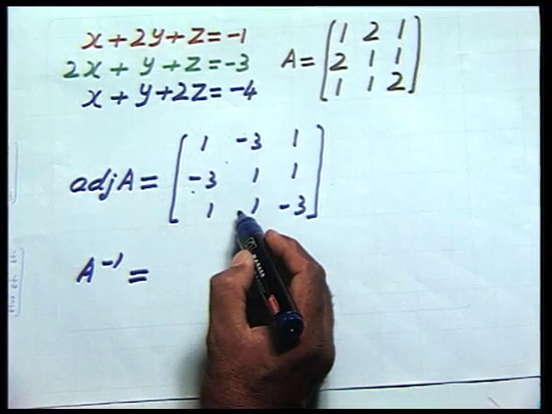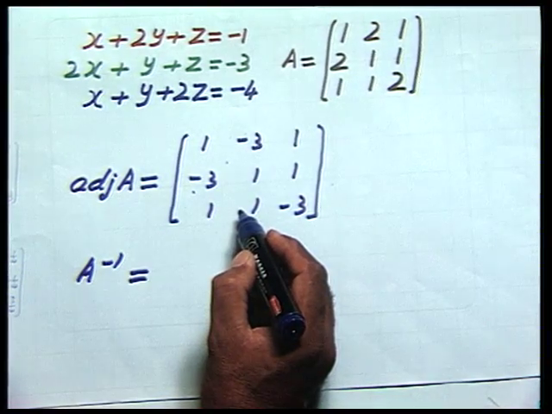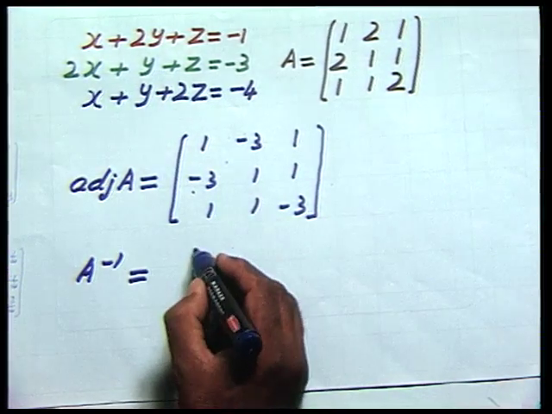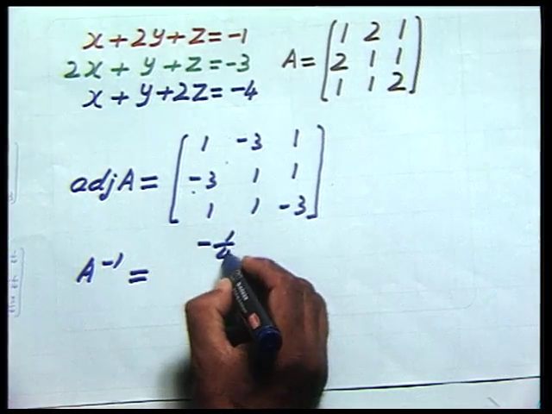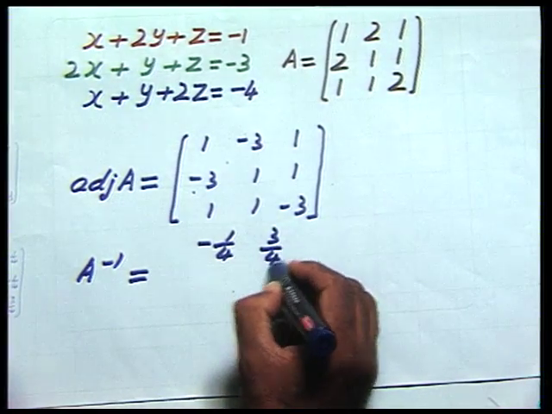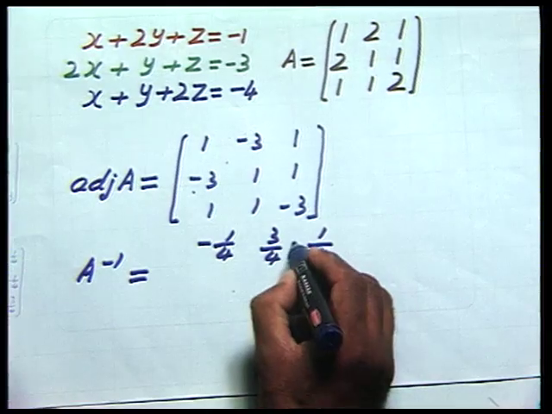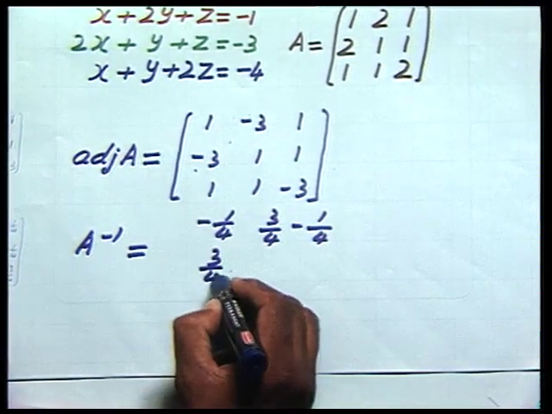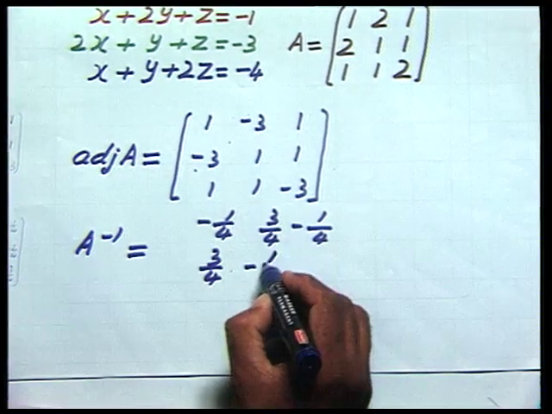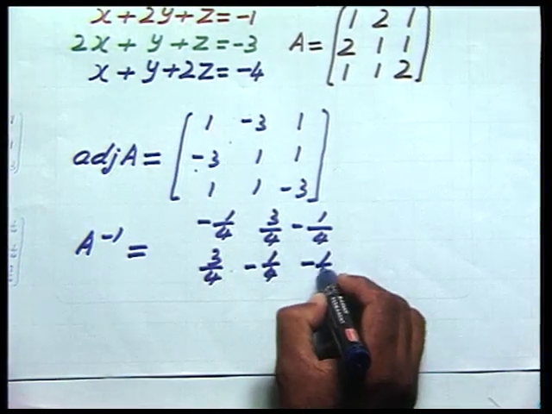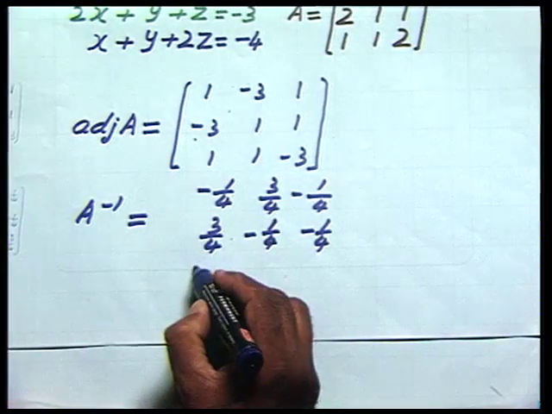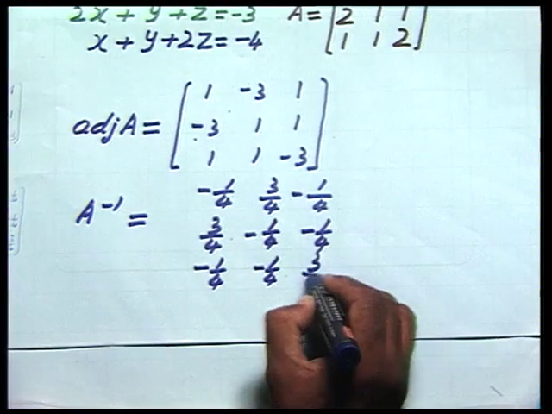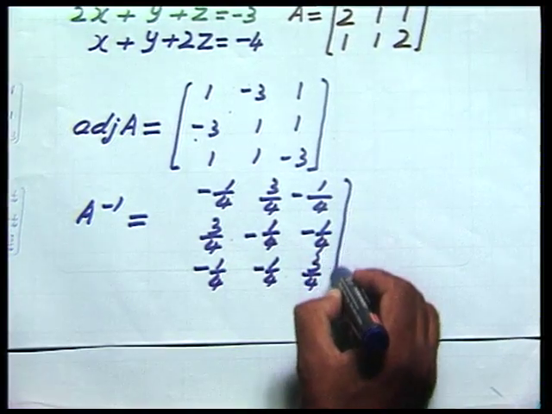Divided by the value that we found out, that was 4. So, if I divide it by minus 4, I will be getting the value minus 1 by 4, 3 by 4, minus 1 by 4, then 3 by 4, minus 1 by 4, minus 1 by 4, then minus 1 by 4, minus 1 by 4, 3 by 4. This is the inverse.